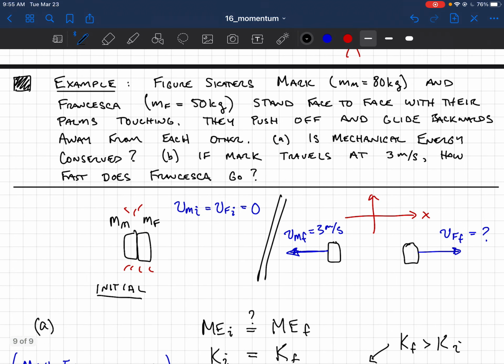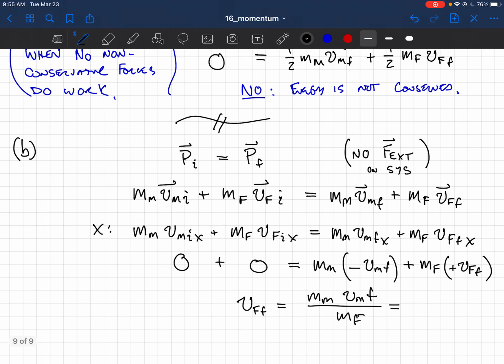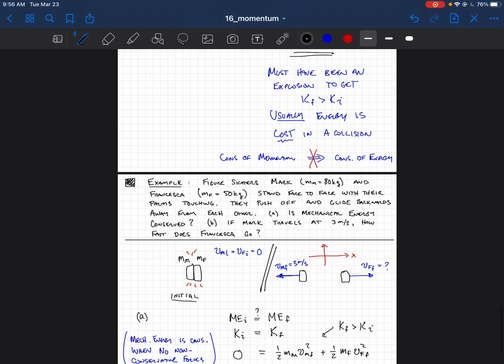So what is that? Well, we're told that v Mark is 3 meters per second, and their masses are 80 and 50. So we get 80 times 3 divided by 50. And we see that Francesca moves faster than Mark. She moves at 4.8 meters per second.